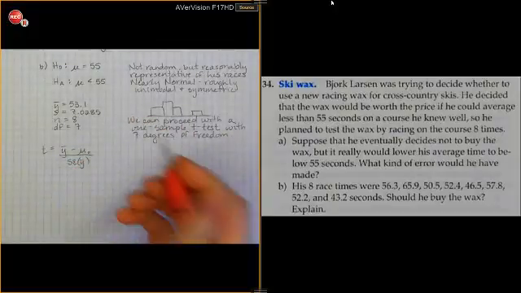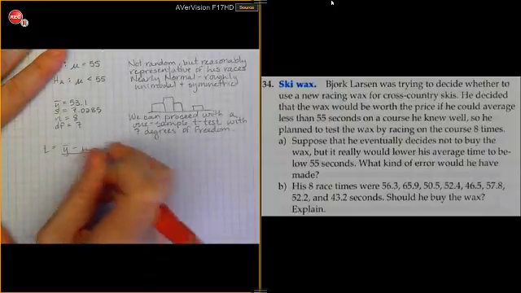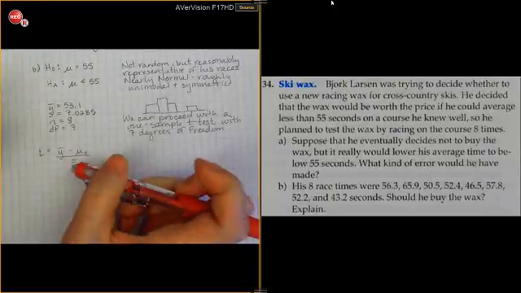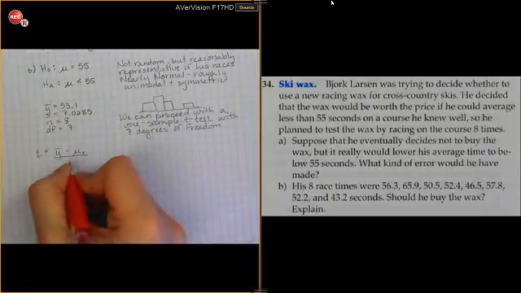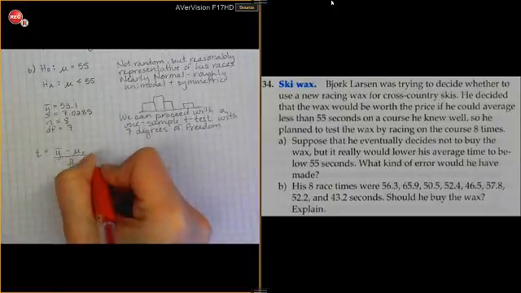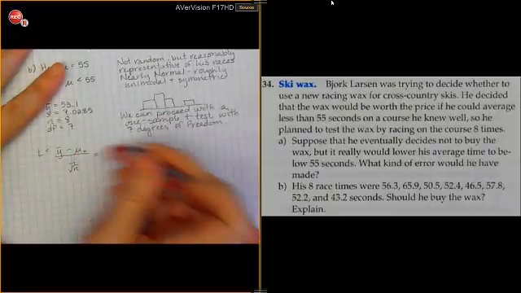You can show more work than that, but if you can put it all in one shot, then you don't have to round things off earlier on. So 53.1 minus 55, close your parentheses, divided by 7.0285 divided by the square root of 8.